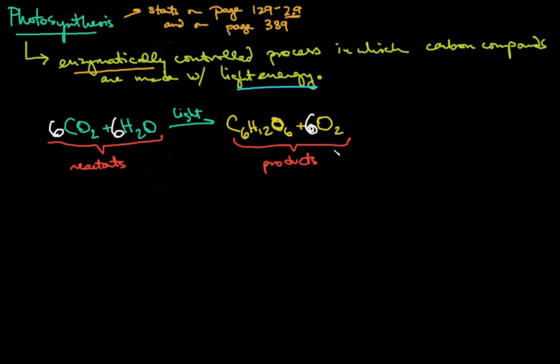So a couple of things that you should, I hope, remember is that this process is happening in chloroplasts. Often, although chloroplasts is not the only place it happens, right? Chloroplasts are a specialized organelle within some plant cells. You might make the assumption that all plant cells have chloroplasts. They do not.